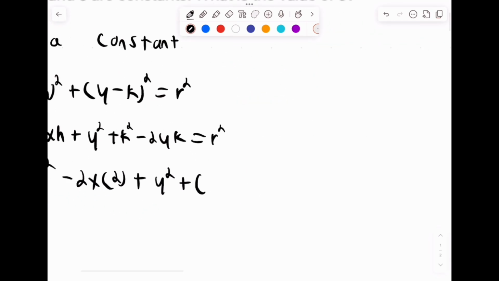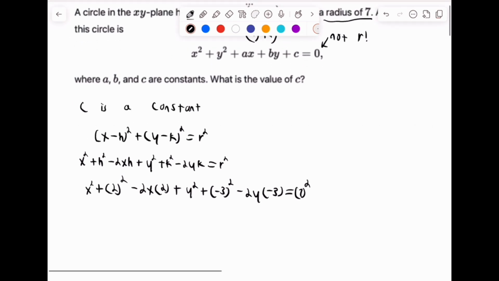So this will be negative 3 squared minus 2y times negative 3 is equal to r squared, which we know is 7.